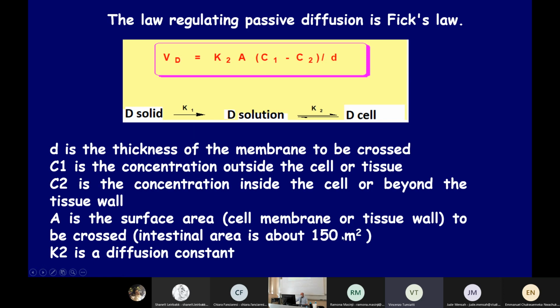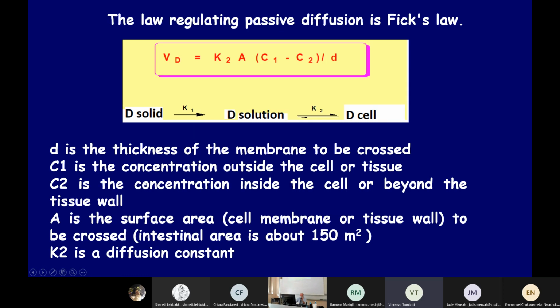It's like a big apartment, and so we have a strong absorption. Then the gradient value, the difference in concentration outside from inside, and also D.